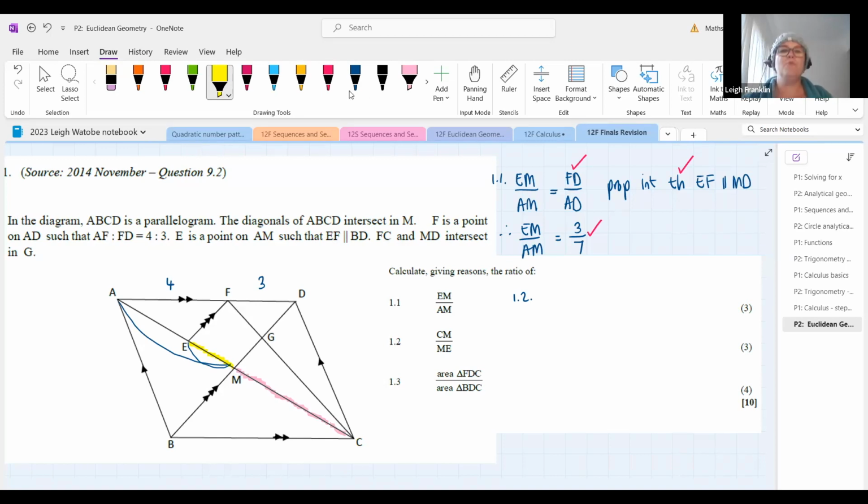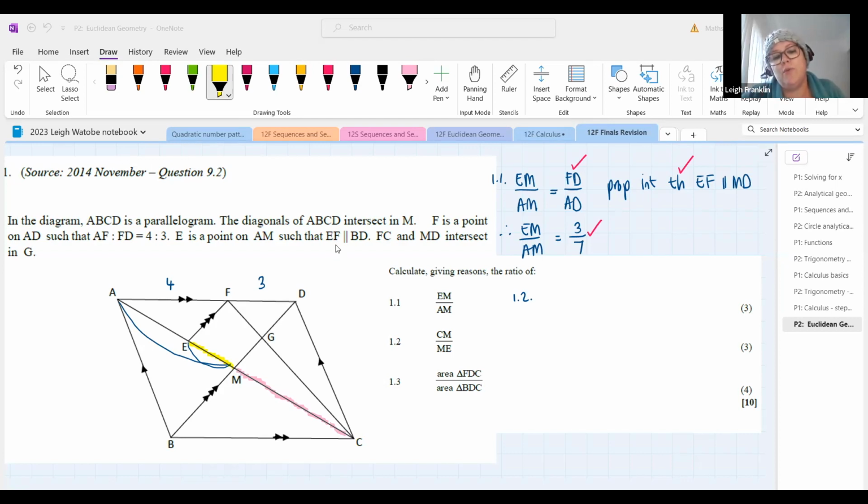Yeah, well, this is a bit more of a thinking question. Okay, so Lebogang, you've said FG over GC. So you would be forgiven for saying that, Lebogang. You're not wrong. You are right. But why is that not going to work in this case?